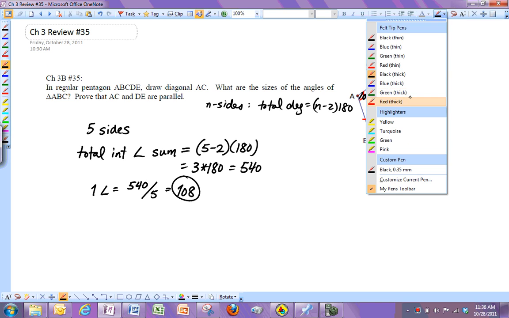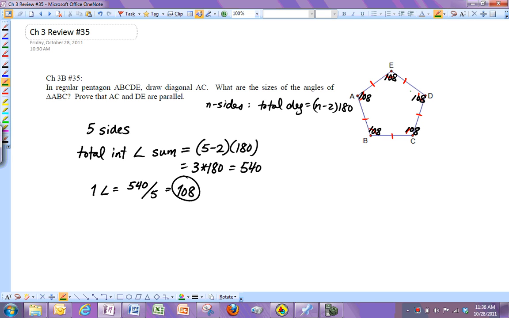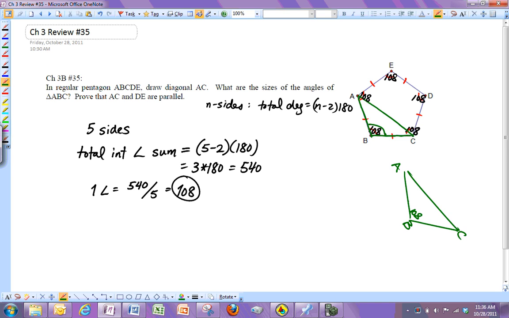Okay, now let me draw on that diagonal again. So here's the diagonal from A to C. Well, the diagonal chops through 2 of the 108s, but one of them is right there. So if I draw triangle ABC right here, here's A, here's B, here's C. This one I already know is 108.